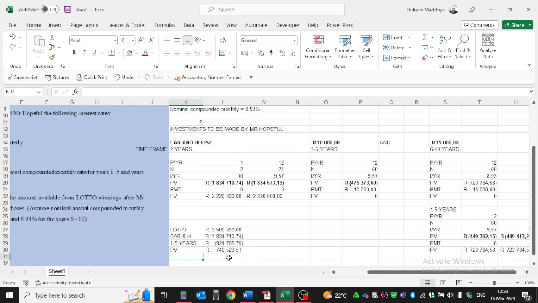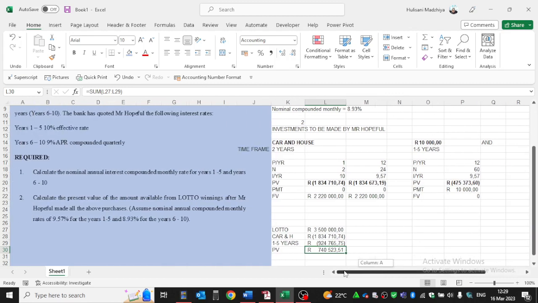So this is the present value of all his investment. After making all his investment, his present value is 740, meaning that he can spend 740,000 however he likes, because he would have achieved his dream over the next 1 to 10 years based on his investment. So this is all in terms of these questions.